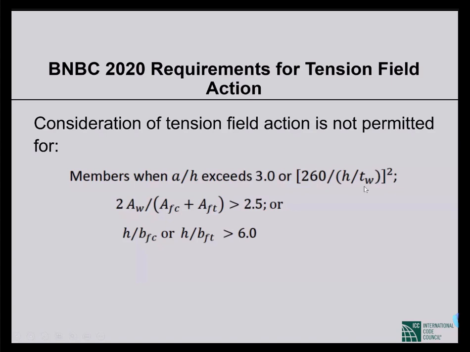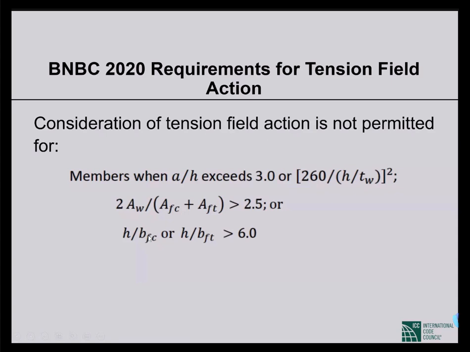And if the slenderness ratio or width thickness ratio of the web is high, then we cannot take that into account. And if the relative area of web, in other words, the relative rigidity of web and flange is high, then we cannot take tension field action into account.